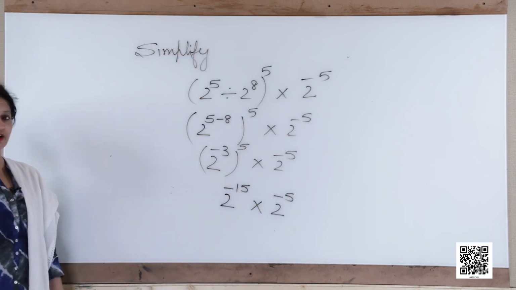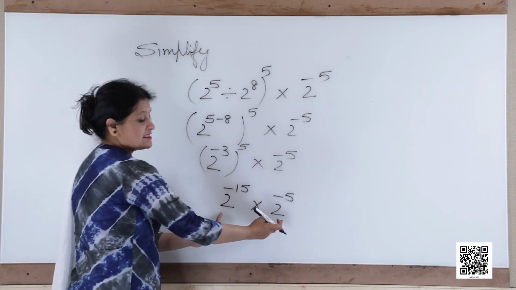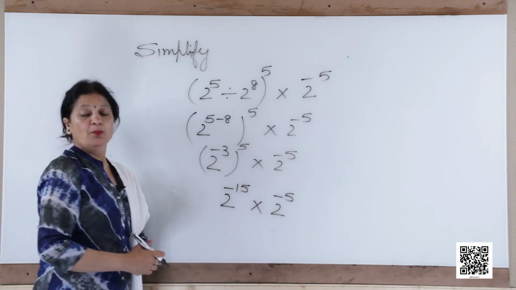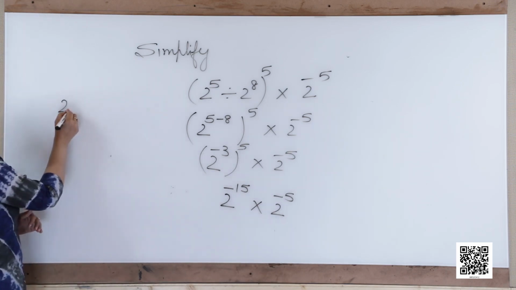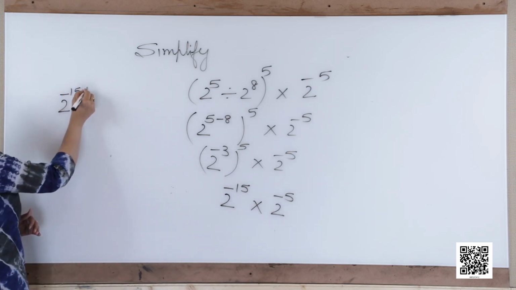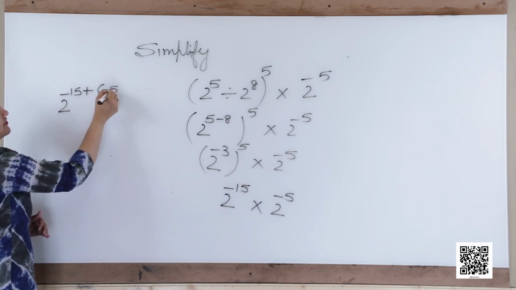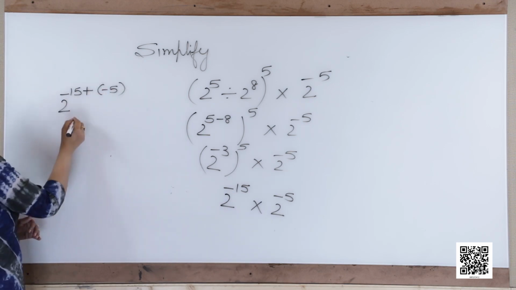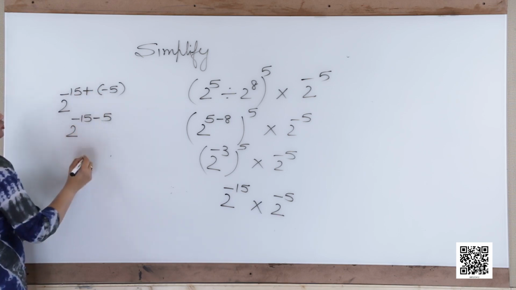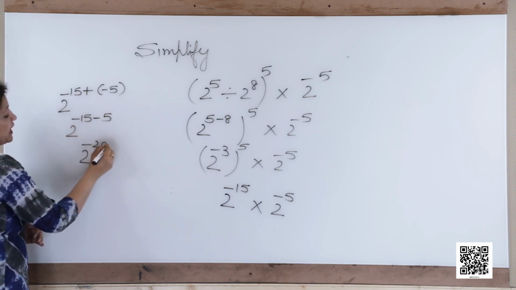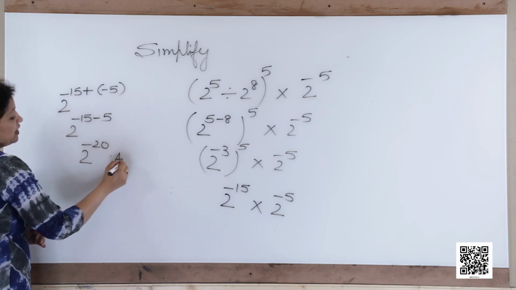Now we can solve it further. How? Base same, multiply sign, powers will be added. That means 2 raised to the power minus 15 plus minus 5, so minus 15 minus 5. So 2 raised to the power minus 20 will be your answer.